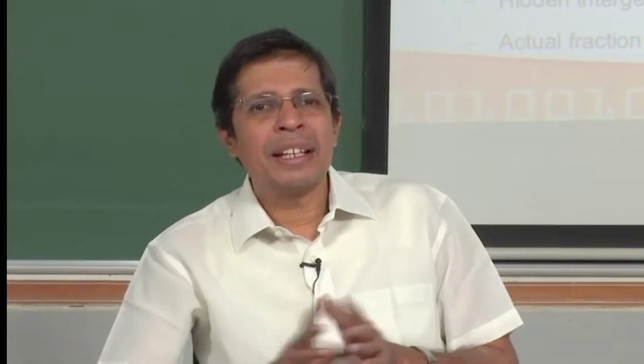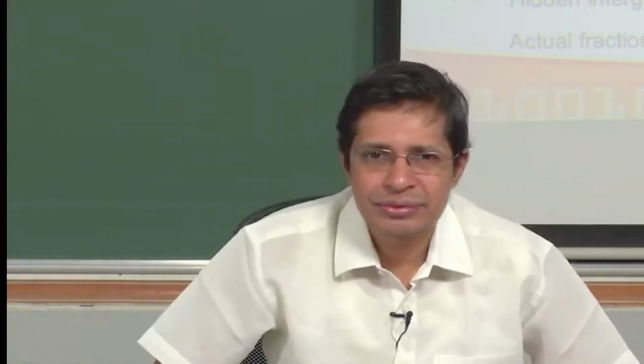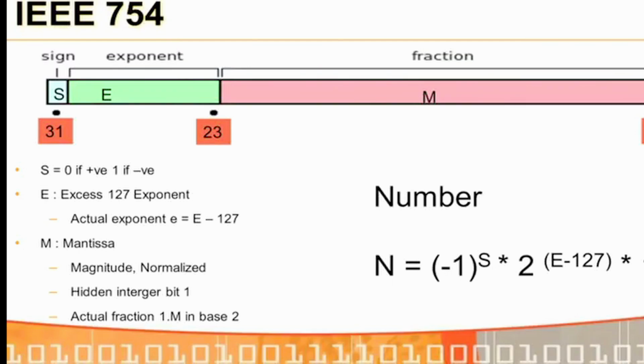So by that, the exponent is always a positive number when it is stored here. Suppose I want to store 2 power minus 127, you add 127 to it and store 0 here. So your exponent value will go from 0 to 255, since it is 8 bits.